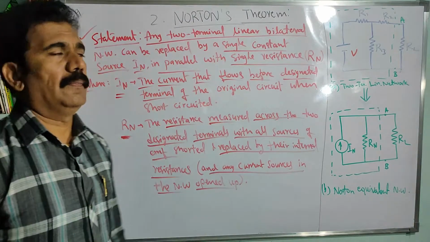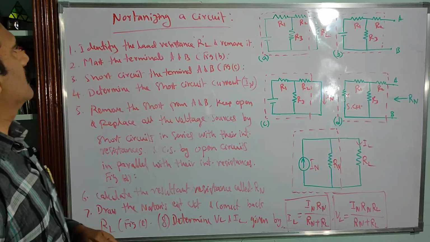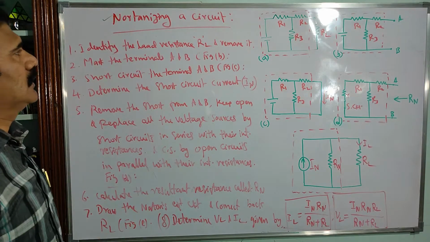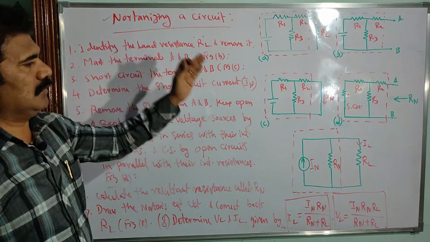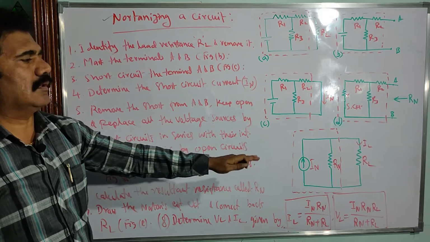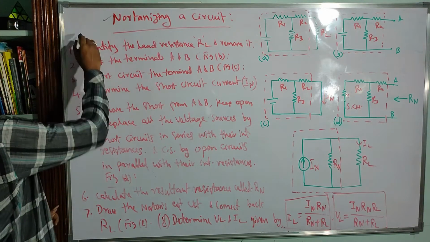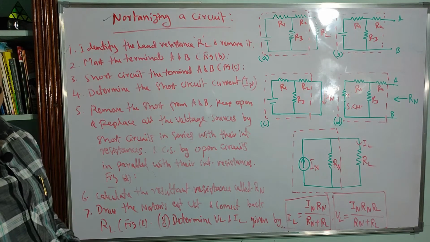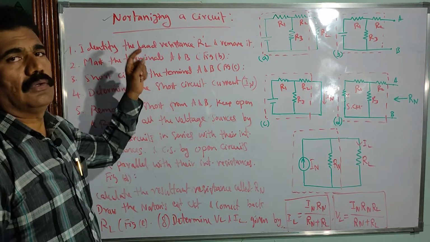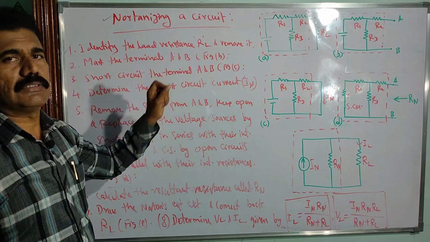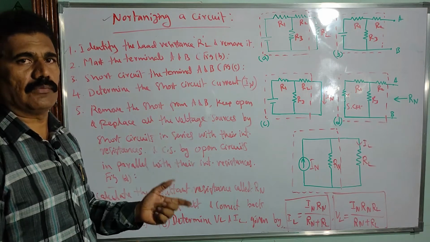Clear? Now let us see the steps for Nortonizing a circuit, that means how to reduce the given complicated network to the simplified network called Norton's equivalent circuit. The first step: once the given network is with you, identify which is the load resistor in it, because there may be a number of resistors in the given network.